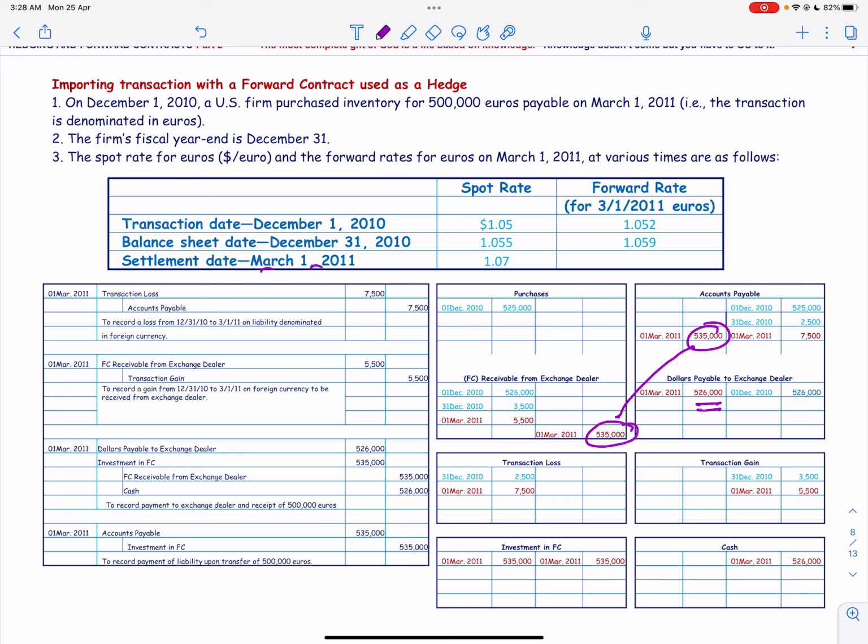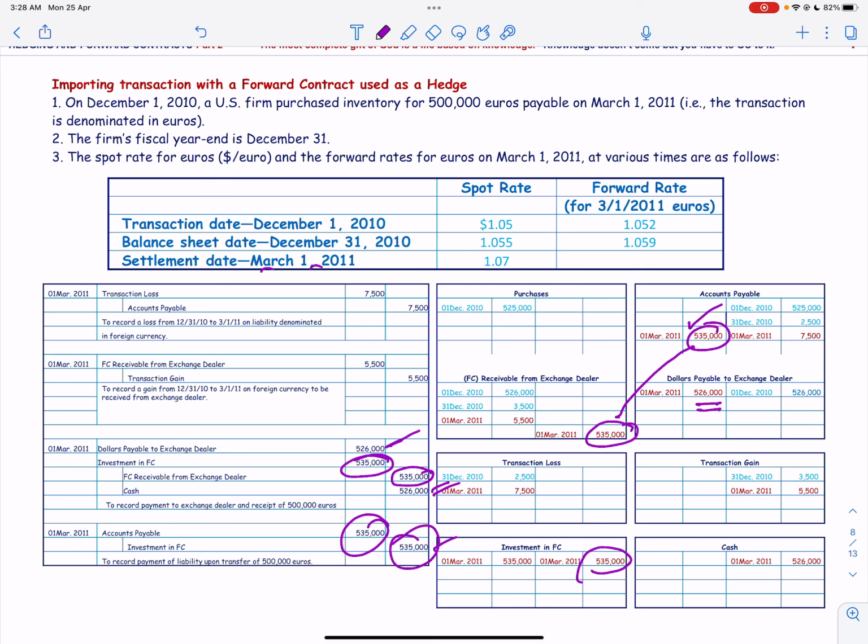So, dollars payable to exchange dealer is settled by paying cash of 526, and we receive the receivables now, and this is converted into investment. And finally, we are going to close the investment account by 535 and our accounts payable by an equivalent amount of 535.